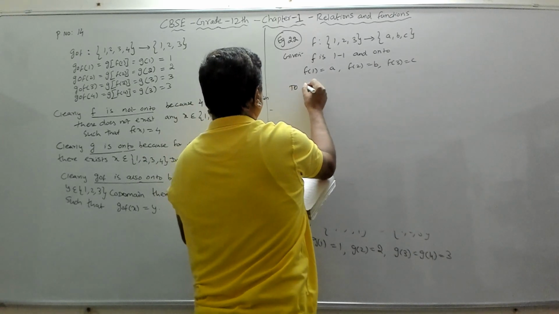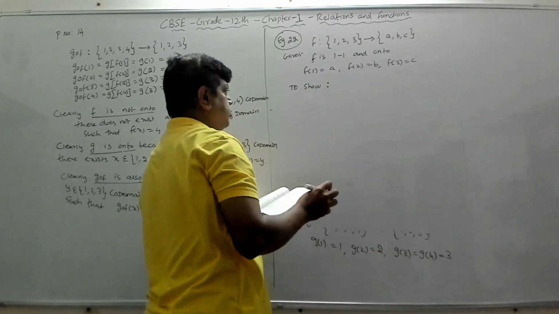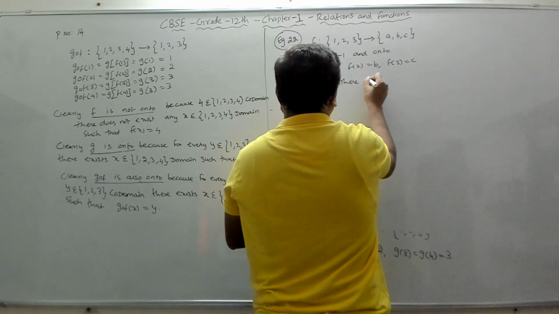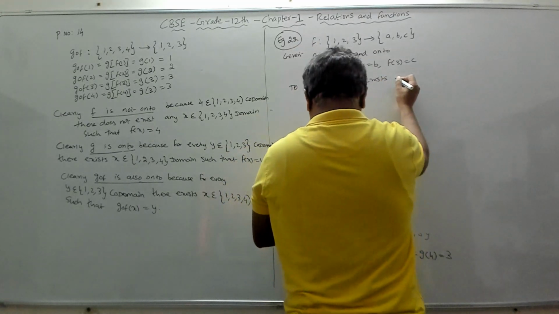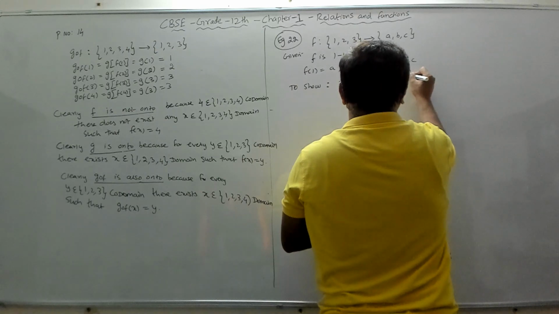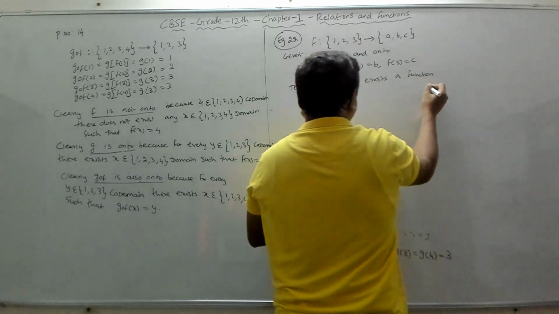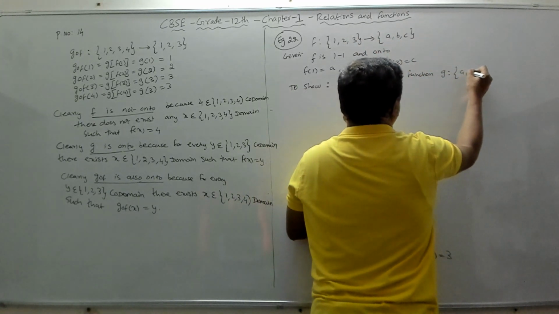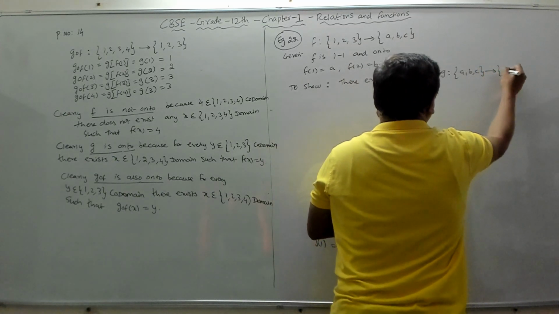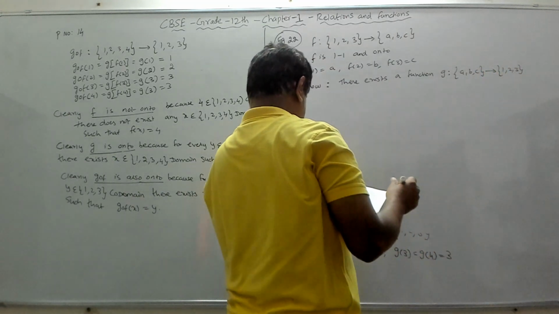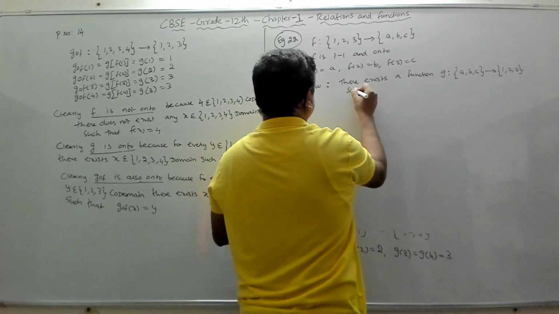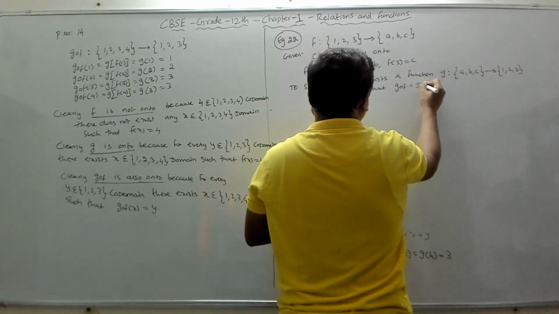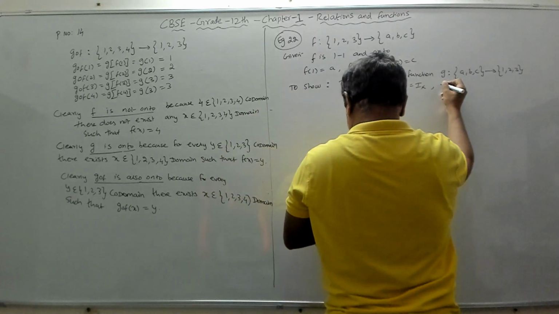We have to prove that there exists a function g from the reverse set, {A, B, C}, to the set {1, 2, 3}, such that g of f should be equal to Ix and f of g should be equal to Iy.